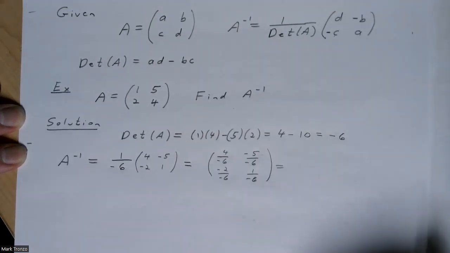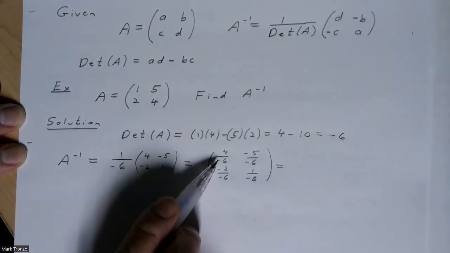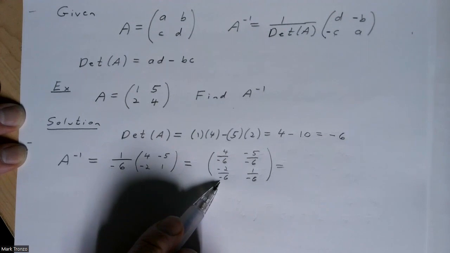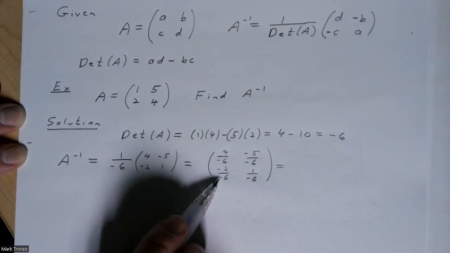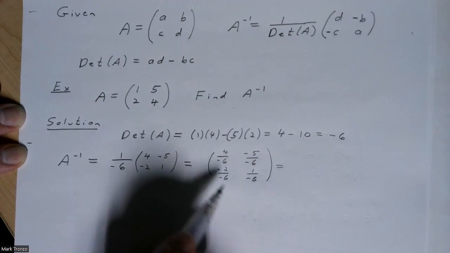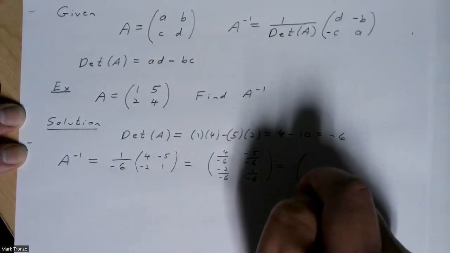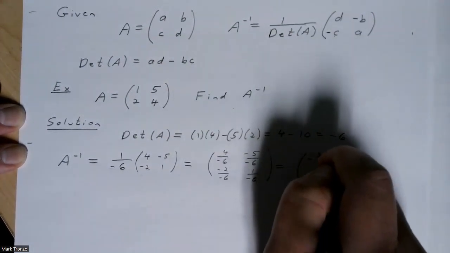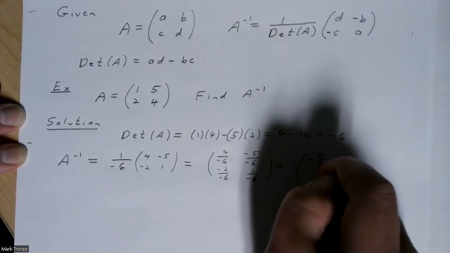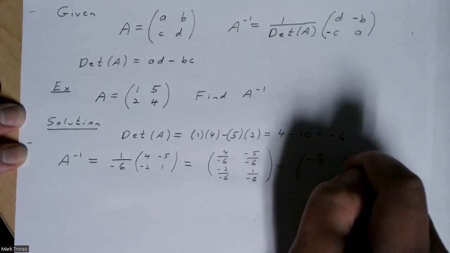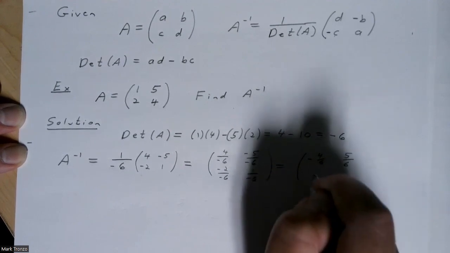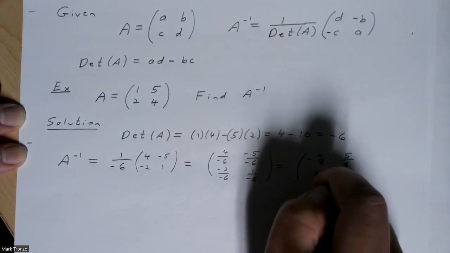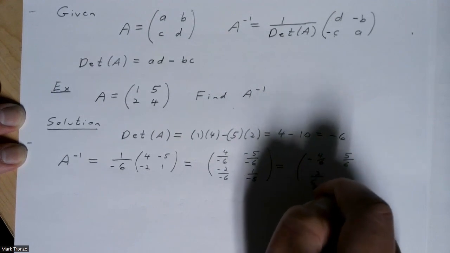And you know what, I'm going to keep these fractions, not reduce them, because that might be helpful when we multiply them out. If we don't reduce them, when we multiply things out, we would end up making common denominators anyway.